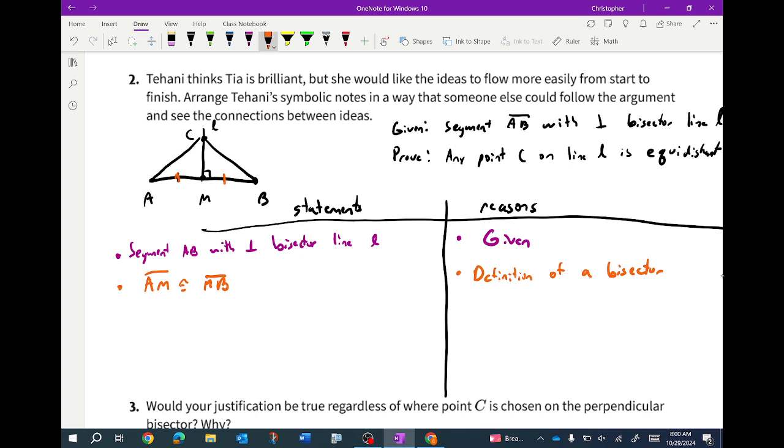The next thing we looked at, we had two right angles. So angle CMA is right, and angle BMC is right.